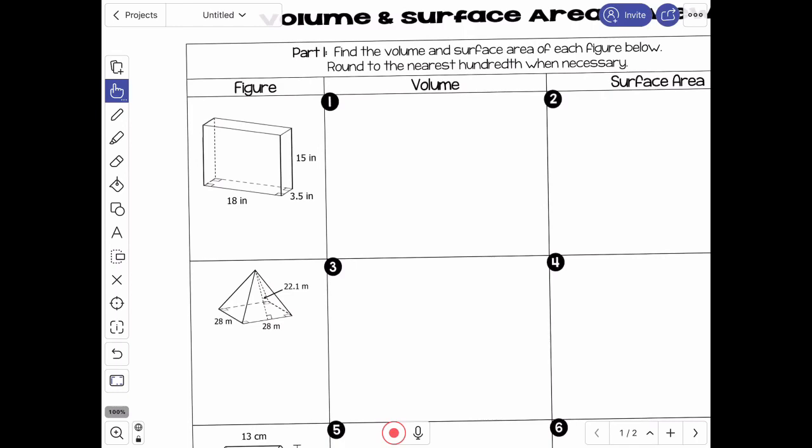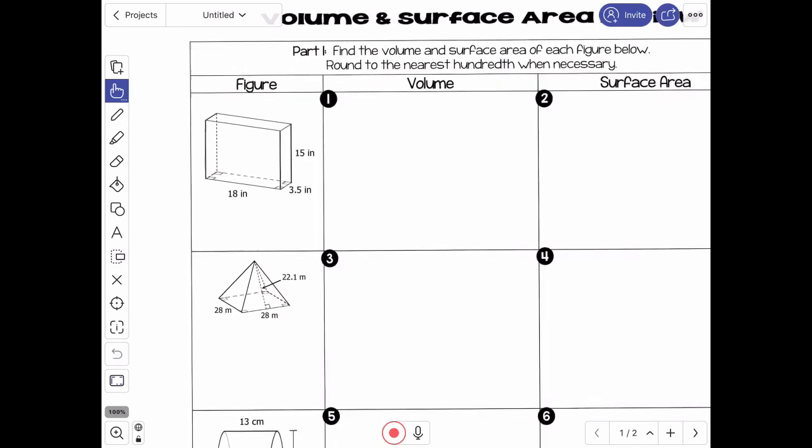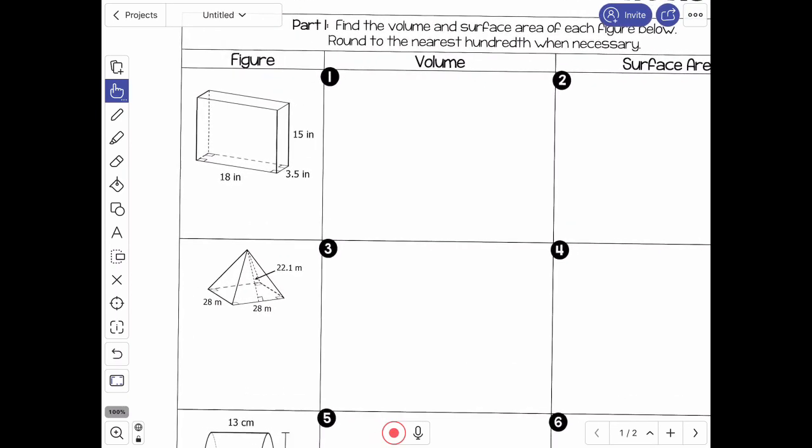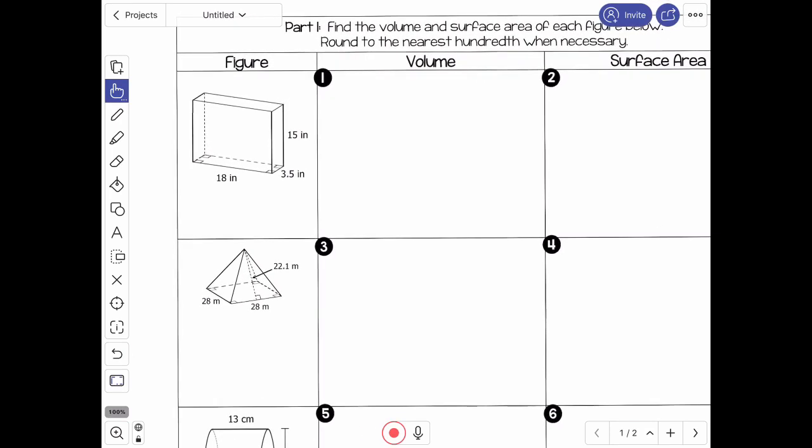Okay, so for these problems, again, I just want to reiterate the fact that you should be trying these on your own. That's how you really know what you know before the quiz tomorrow.